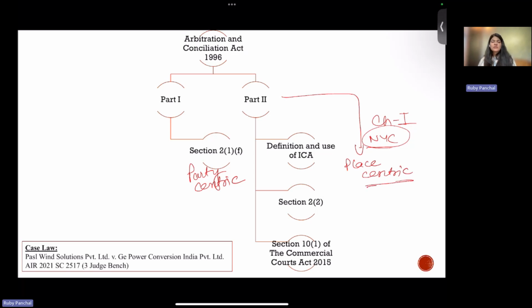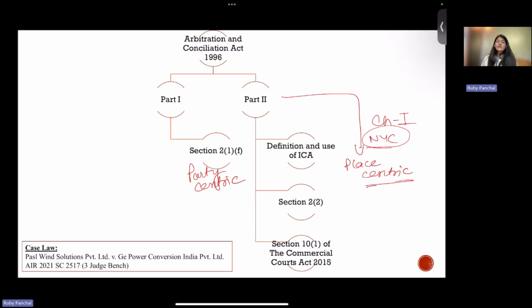Right? So this was the second observation made by the courts. As soon as the courts identified that Chapter 1, giving effect to the New York Convention provisions, the arbitration that we are referring to is to be interpreted from a place-centric definition.